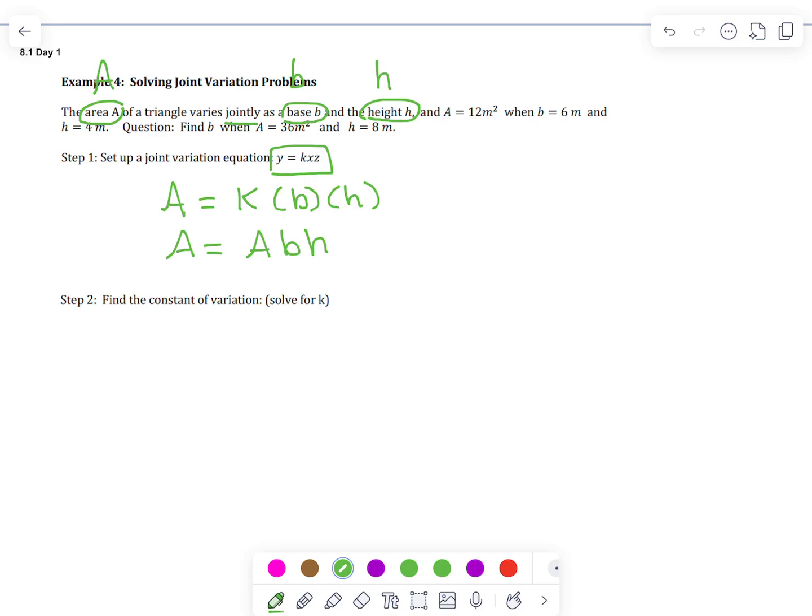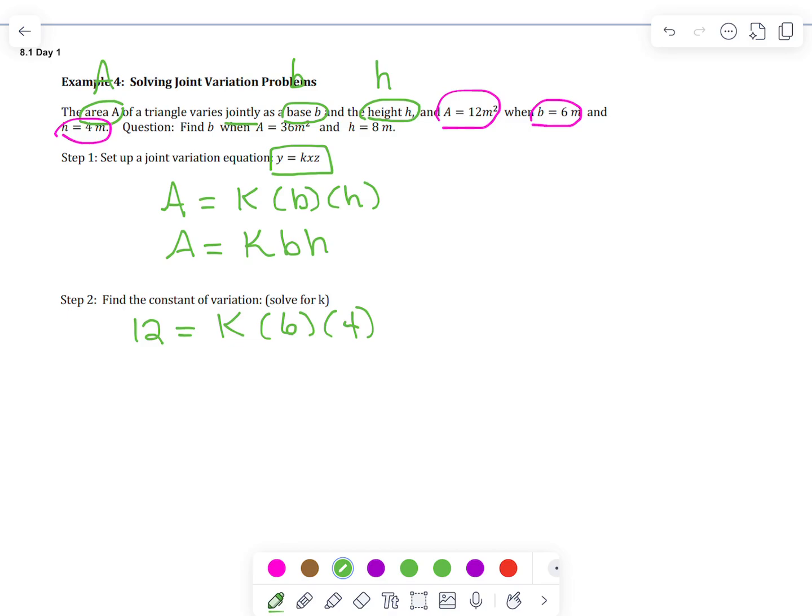Step 2 is to substitute the A, the B, and the H into the equation. Oh, I just saw a mistake here. This should be K. So the area is 12. The base is 6. And the height is 4.